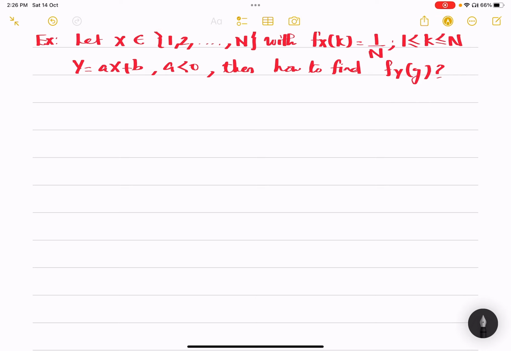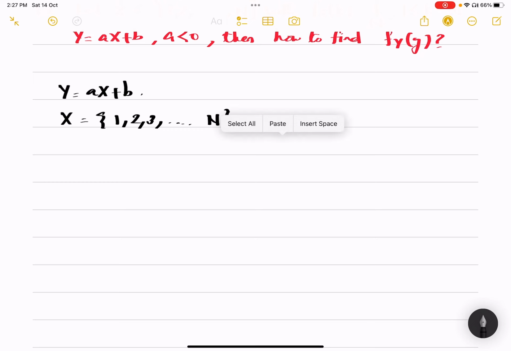right? Now we know y is equal to ax plus b. So if x is taking values 1, 2, 3, etc. up to n, what all values can y take?